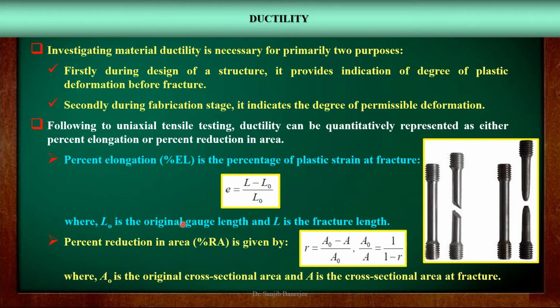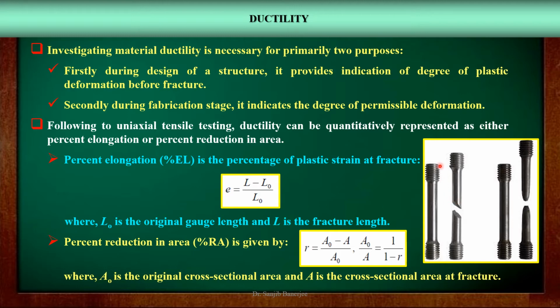This is the strain value which is denoted by E and which is equal to the increase in length, which is L minus L naught, divided by the original length or L naught. So here L naught is the original gauge length of the tensile specimen and L is the length at fracture.